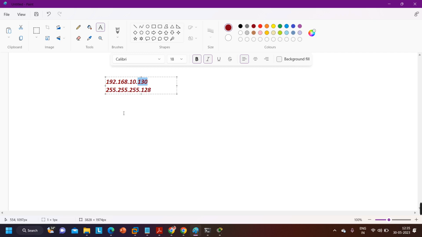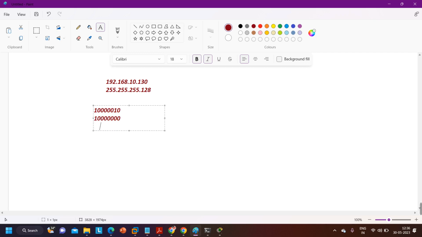I am going to convert 130 into binary. So what will be the binary of 130? 1, 0, 0, 0, 0, 0, 1, 0. This one will be the binary. And what will be the binary of 128? 1, 0, 0, 0, 0, 0, 0, 0.